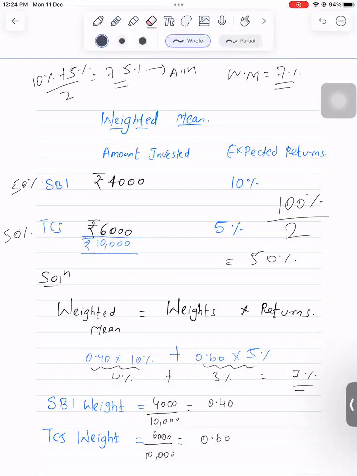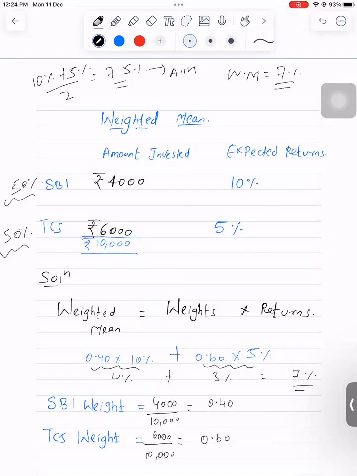Now please come up with weighted mean. Now use these new weights, 50% weights you can use. Okay, State Bank of India weightage 50%, TCS weightage 50%. Okay, calculate weighted mean. Tell me what will be the answer? Weights into returns.